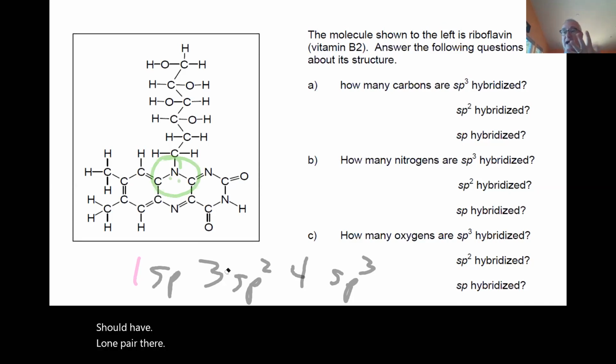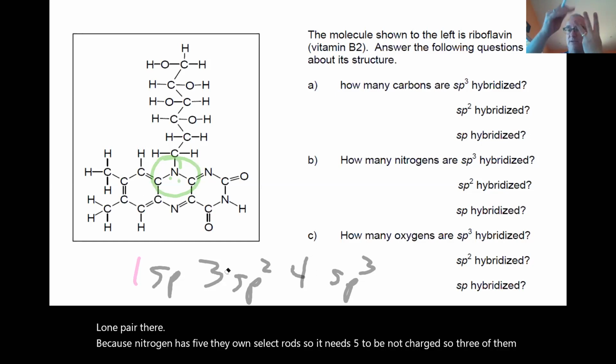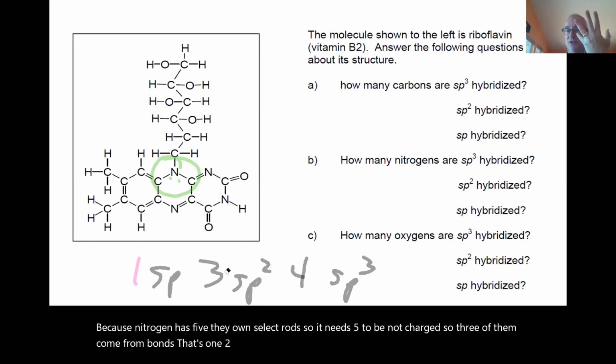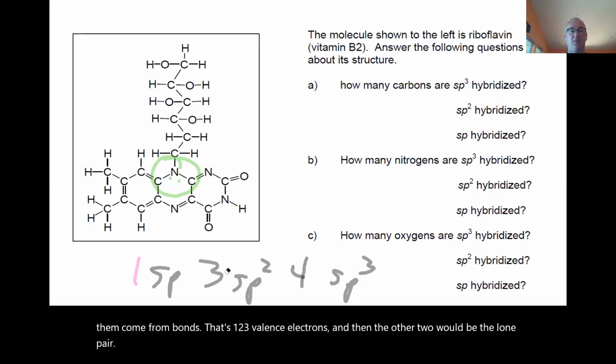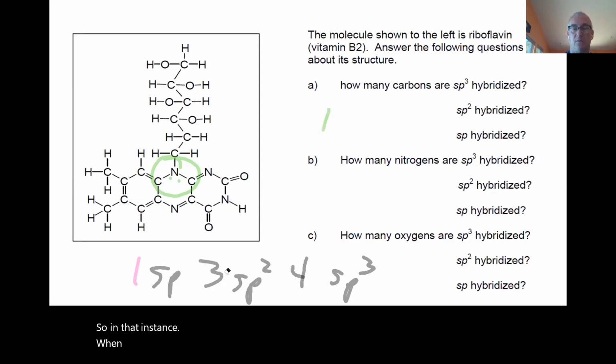Because nitrogen has 5 valence electrons. So it needs 5 to be not charged. So 3 of them come from bonds. That's 1, 2, 3 valence electrons. And then the other 2 would be the lone pair. So in that instance, when it looks like this, 1, 2, 3, lone pair, how many regions of electron density does it have? 4 regions.